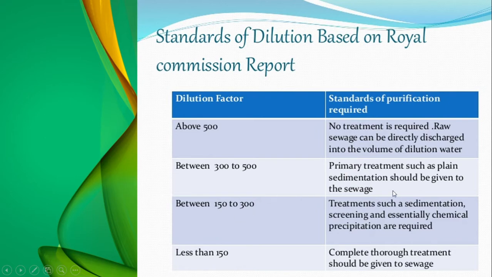Primary treatment includes sedimentation. If the dilution factor is between 150 to 300, treatments such as screening and sedimentation, also chemical precipitation, are required. If the dilution factor is less than 150, complete thorough treatment should be given to sewage. Only then we can dispose sewage by dilution method.